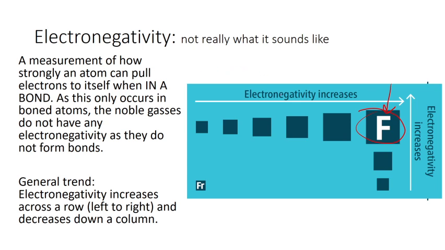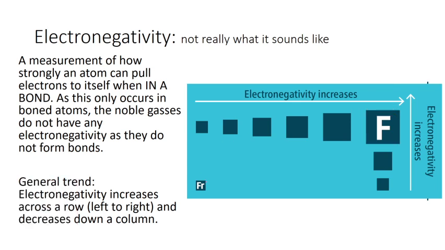So electronegativity, again, just like with ionization energy, is connected to atomic radius, where smaller atoms, like fluorine, have valence electrons close to the nucleus and held with a lot of force. They have a high effective nuclear charge, so they're going to have a lot of electronegativity. They're going to pull electrons from other atoms towards themselves with a lot of force when they're in a bond.